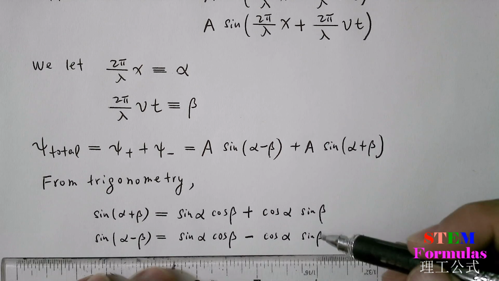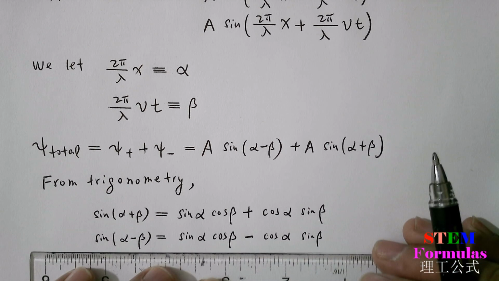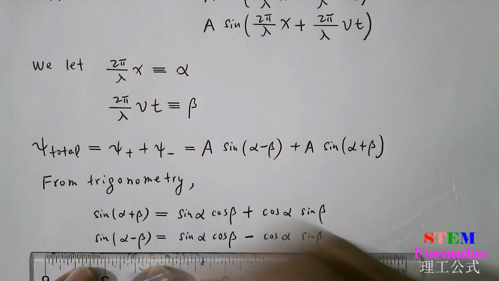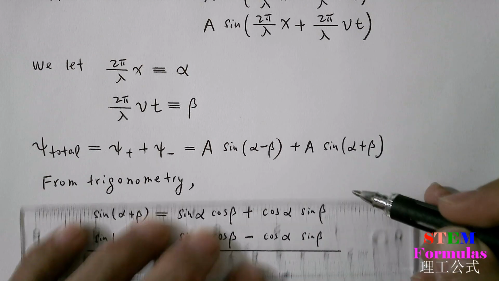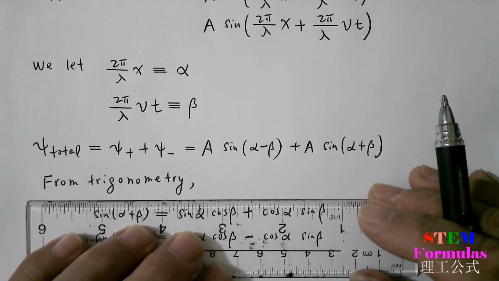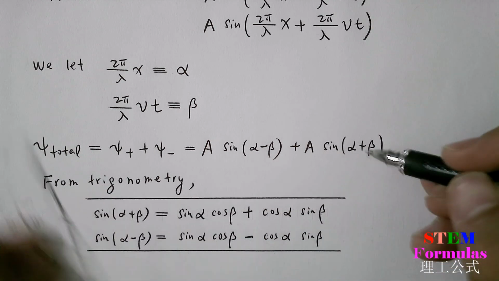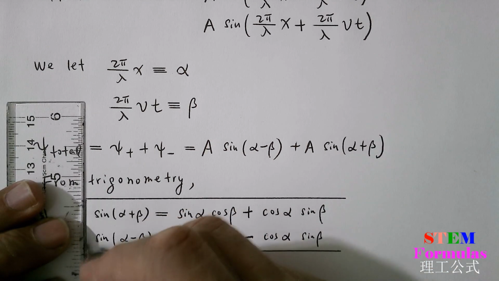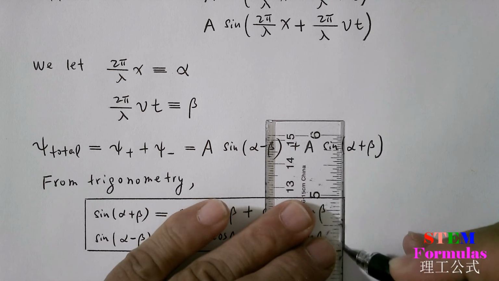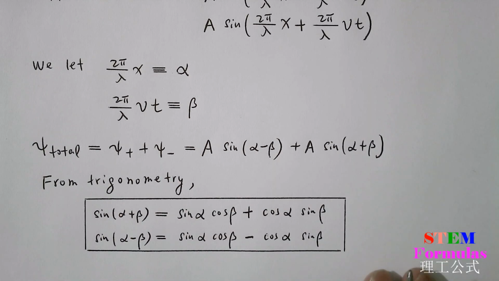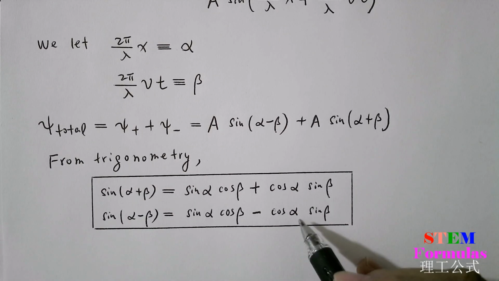These two formulas are trigonometry identities, so I write them in the box.